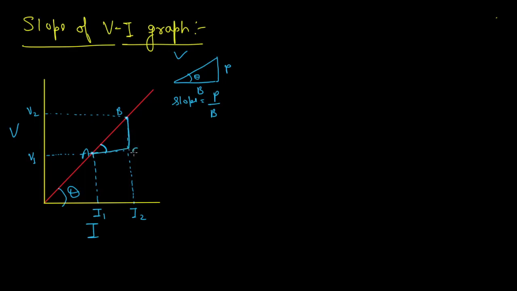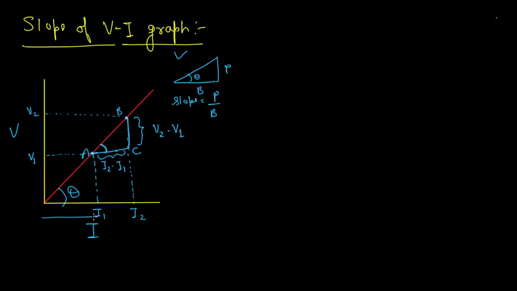Suppose I am giving the name to this triangle, it is triangle ABC. So first I will calculate this value, that is what is the value of BC here. BC will be equals to V2 minus V1, and AC will be equals to here I2 minus I1, because we are calculating this particular length. How we can calculate it?